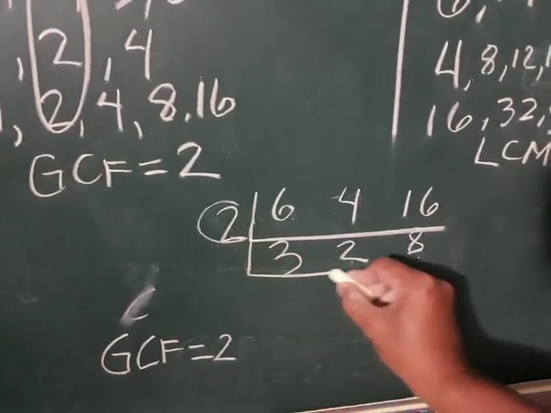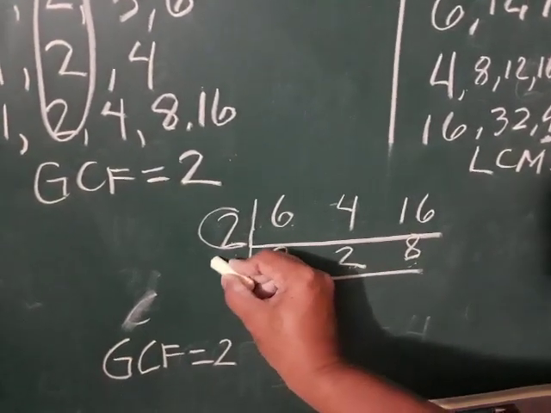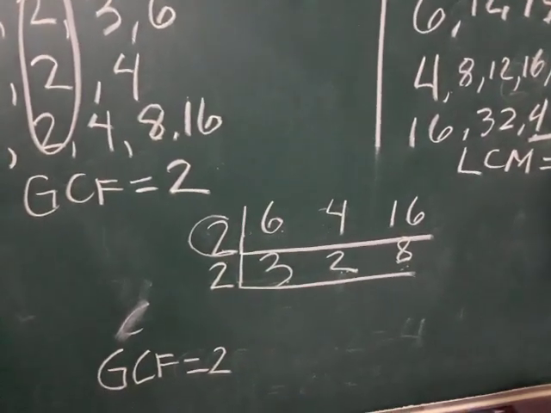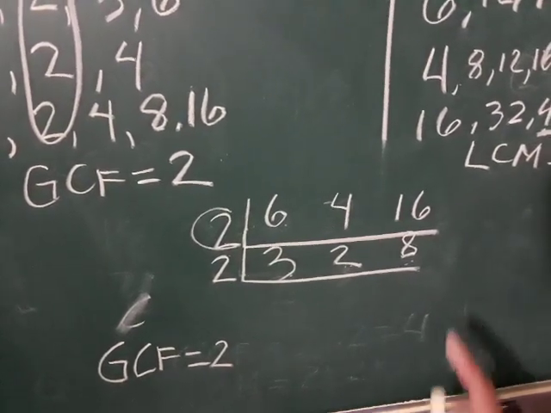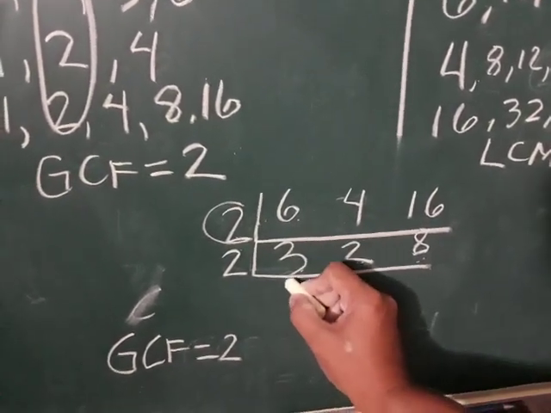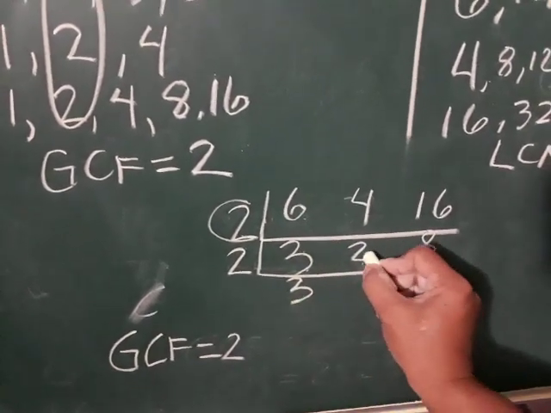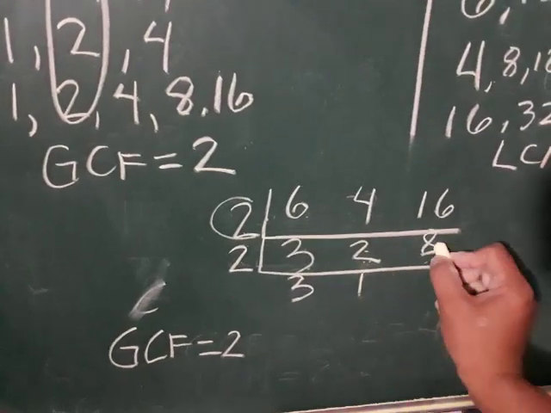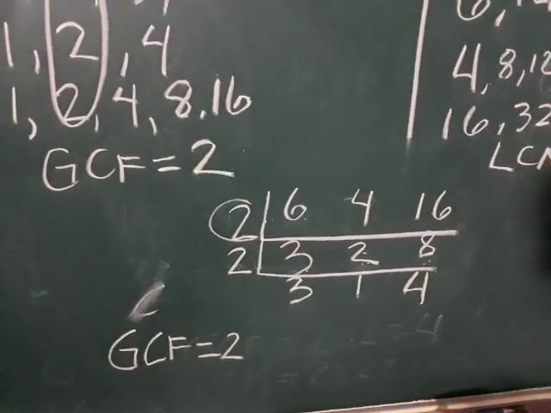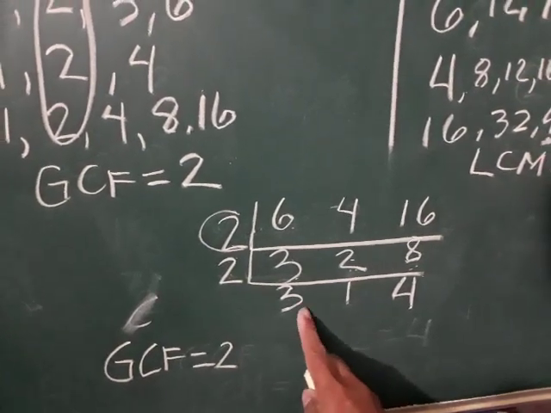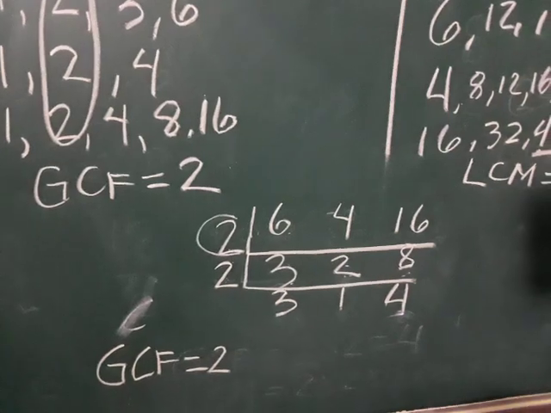So let's proceed. 3, 2, and 8, divisible by 2. So what should we do with the number that is not divisible? Just bring it down. So copy, then 2 divided by 2 is 1. 8 divided by 2 is equal to 4. Since 3, 1, and 4 don't have any common factor anymore, let's proceed.